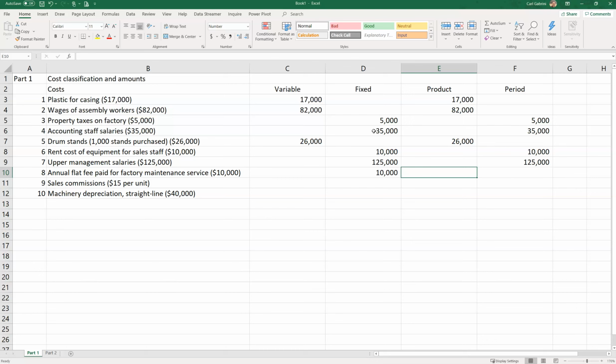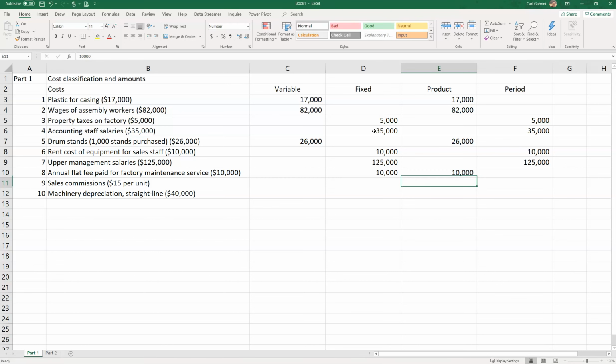The amount of maintenance that's performed will vary based on the amount of product that's produced. So it must be tied to the product. But since they're paying a flat fee, it's fixed in nature, but it is tied directly to the product.